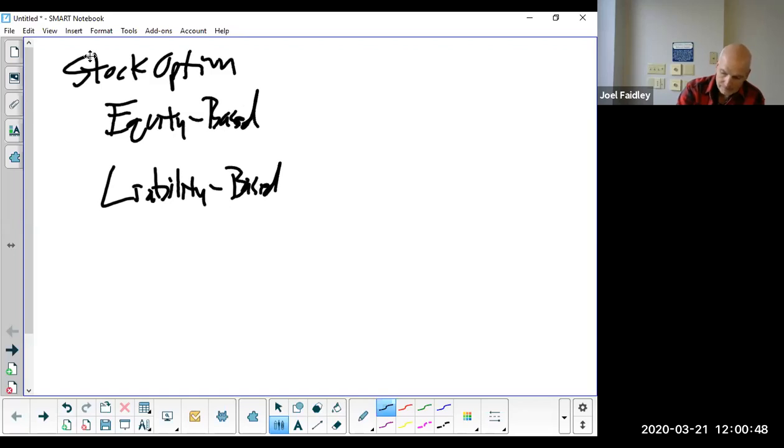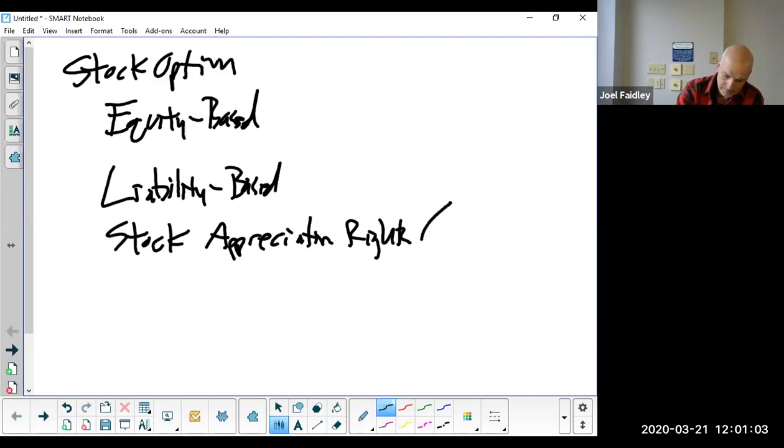This also includes stock appreciation rights, which really ought to be up here under the equity. SAR really ought to be up here under equity because it is based on equity. I don't know why they break it out separately, but they don't.